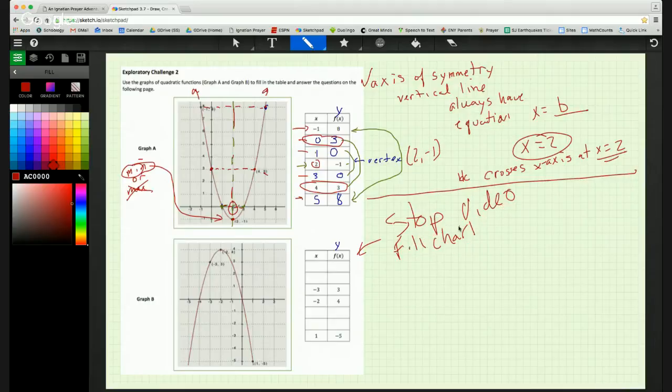Pause. Now, I assume you're back now. So let's go ahead and fill this out. So -1 should be 3. 0 is 0. -4 is 0. -5 is -5.